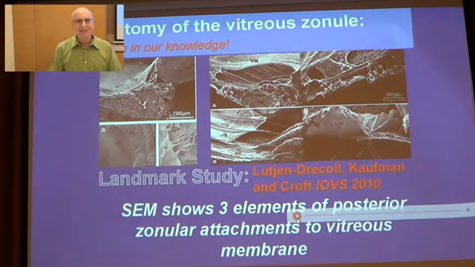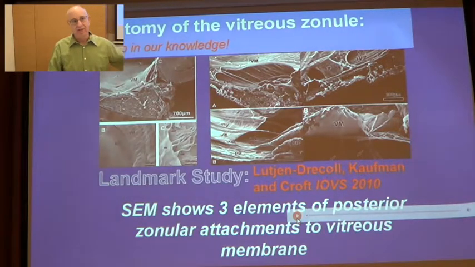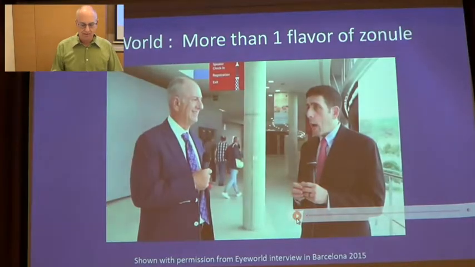They removed the anterior hyaloid membrane, and they removed all of the vitreous elements of the zonule, which nobody even understood. So they were literally taking the evidence that they could have learned earlier and discarding it.